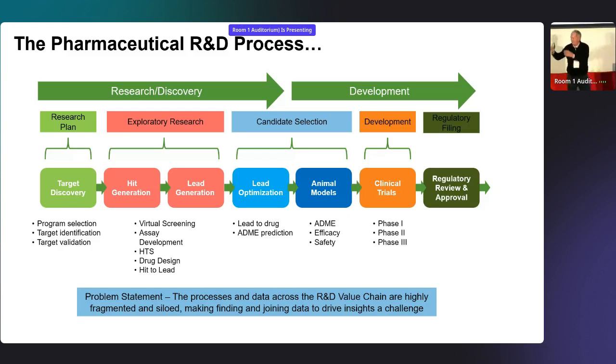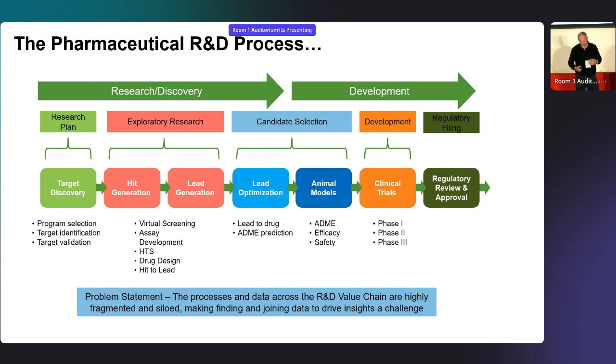So it's a very siloed, fragmented, and experiential or experimental driven approach. It's not as informed as one might think. And so in today's world, we're trying to get more of the causal understanding of human biology upfront to drive the process to get better probability of success, et cetera.